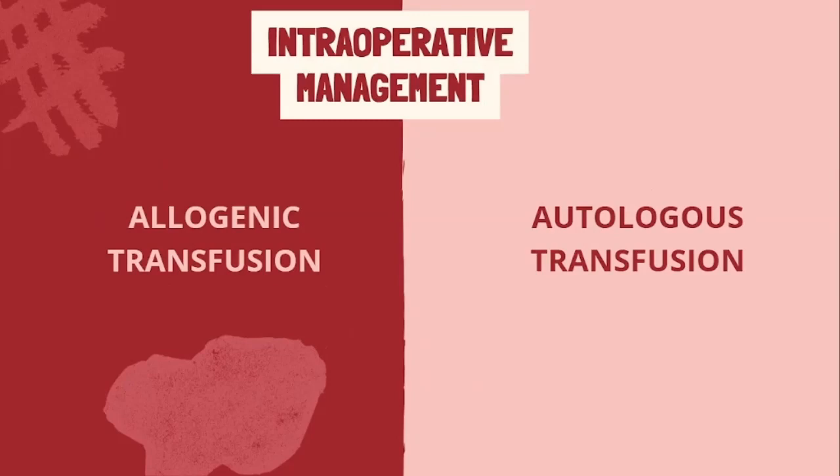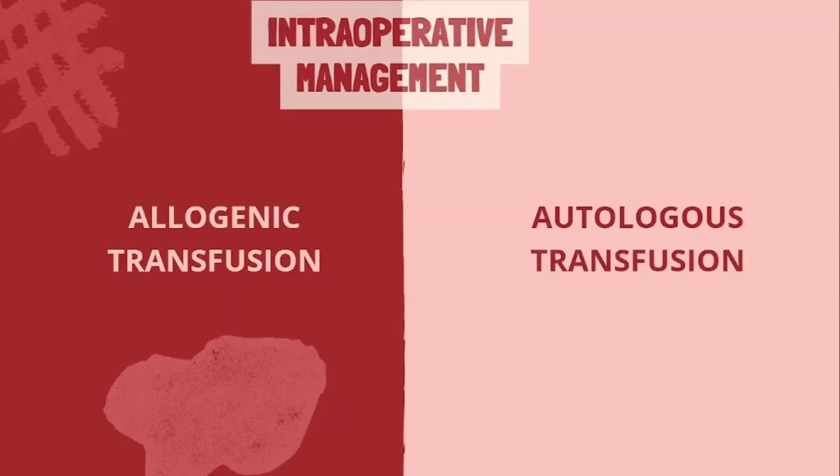Another option to treat is blood transfusion. There are two types, as we all know: allogeneic transfusion and autologous transfusion. I'm going to exemplify autologous transfusion because it's something you need to plan beforehand.